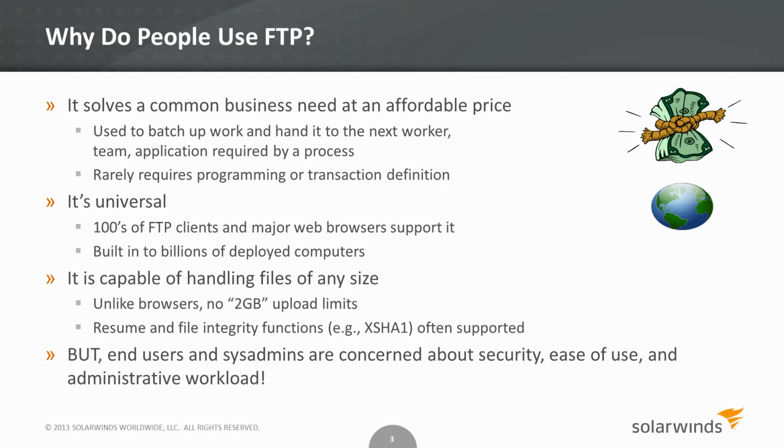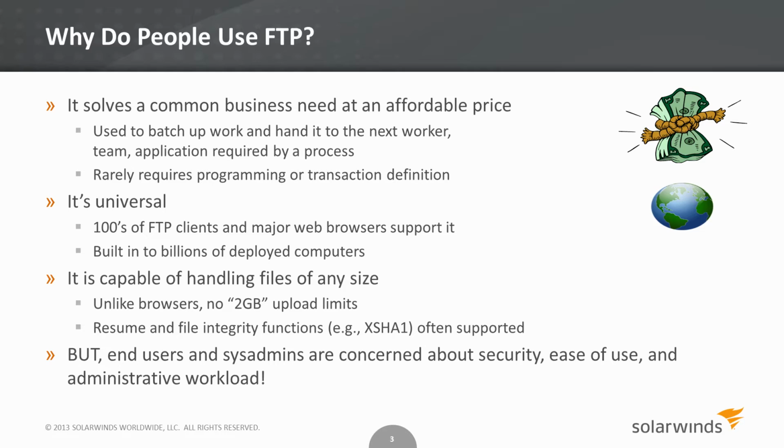FTP is also capable of handling files of any size. Those of you especially dealing with media, large videos, VMware images, database backups, anything that generates a huge file may have already encountered browser upload limits, either the 2 GB or 4 GB limits coded into the browsers, or just basic operational limits in terms of trying to upload, let's say, a 500 megabyte file and having that file consistently bomb out at 100 megabytes or so.